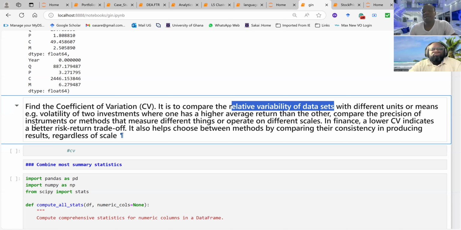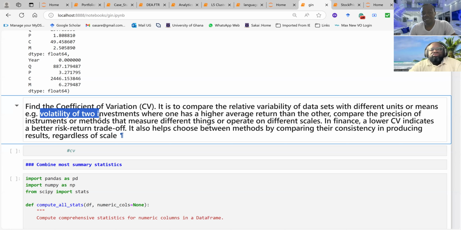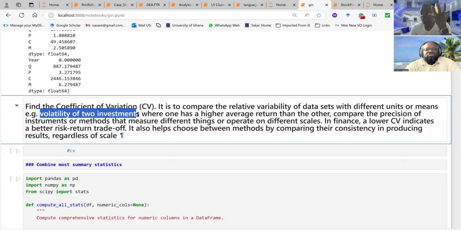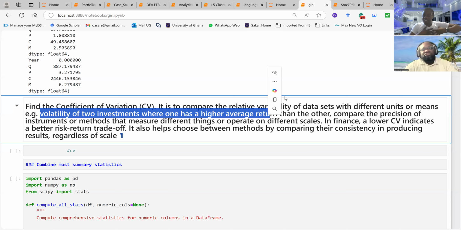For example, let's say that you want to look at the volatility of two investments, how volatile the two investments are. Let's say a Google investment and an Apple investment, and one of them has a higher mean, average return, than the other. So one of them is giving you more returns and the other is giving you less.